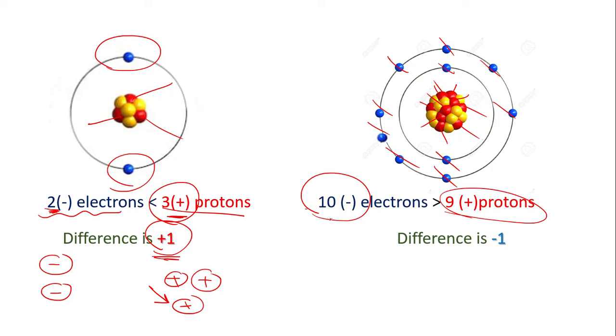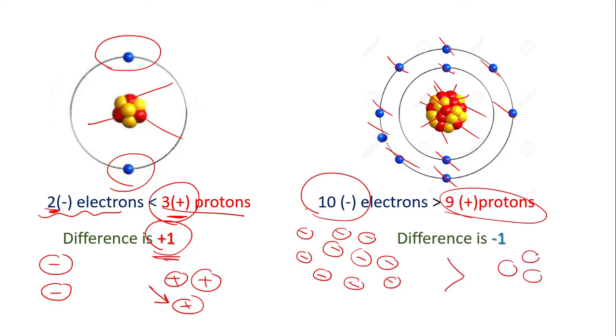So 10 electrons, all of them with negative charge, while on the other side, I have only 9 positive charges. So the difference is minus 1 now. 1 more minus.